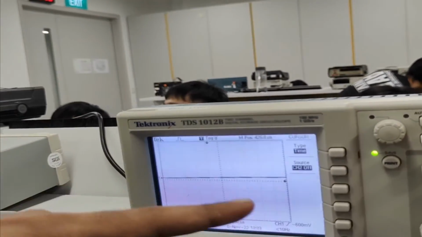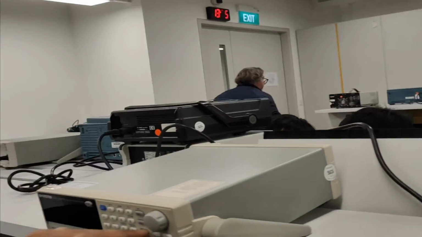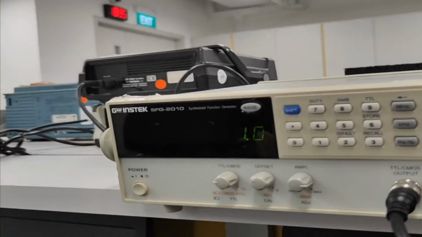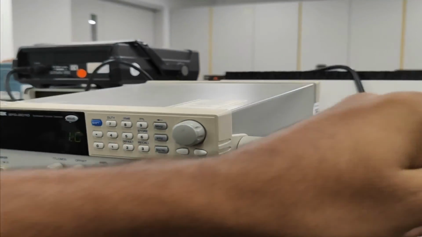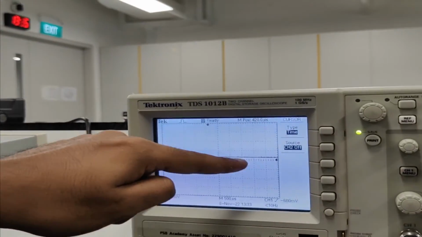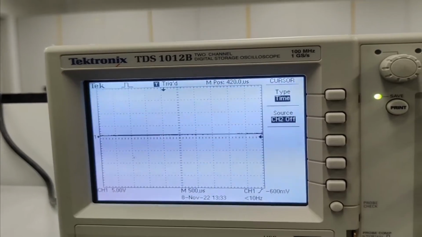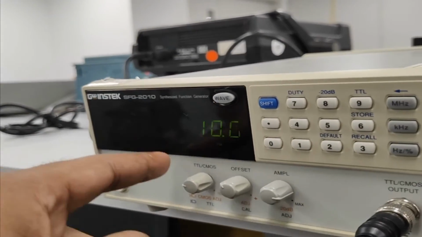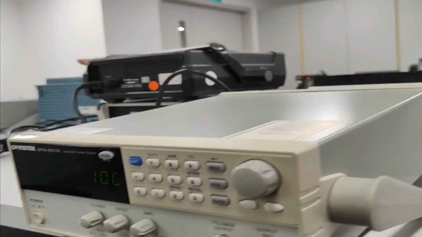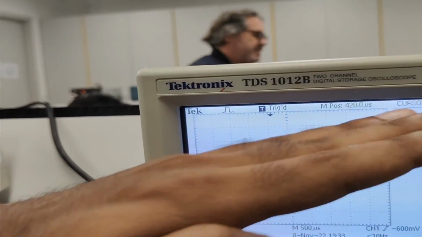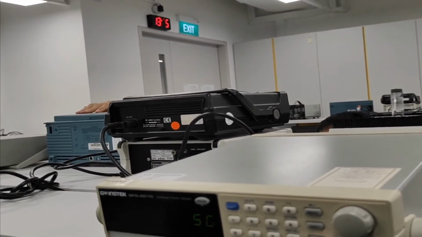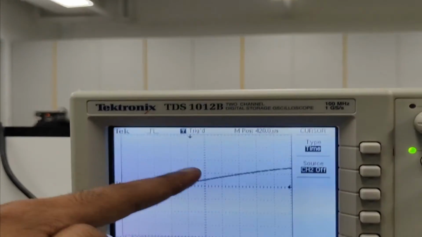If I give 1 hertz, it is almost straight. If there is no signal, it will be a straight line, a straight voltage you'll get. When I give 10 hertz, you can see a slight difference in the slope. If I give 50, you can see a curvature, and at 100 still more curvature.